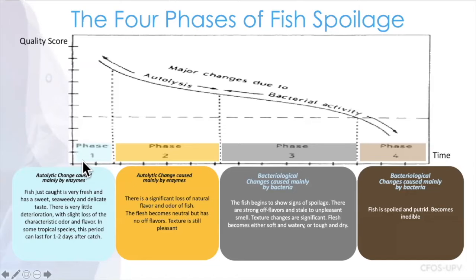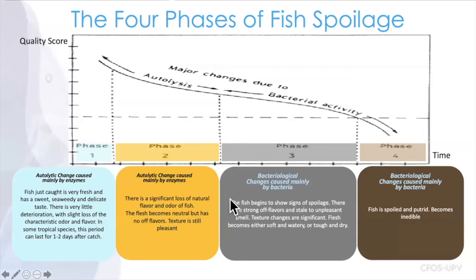And this one shows the phases of spoilage. Okay, so during autolytic spoilage caused by enzymes, fish just caught is very fresh and has sweet, seaweedy, and delicate taste. And there is very little deterioration during phase 1. And in phase 2, there is already a significant loss of natural flavor, but the fish or the product is still acceptable.